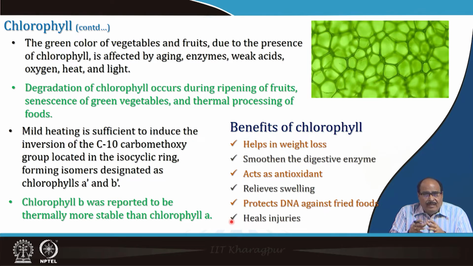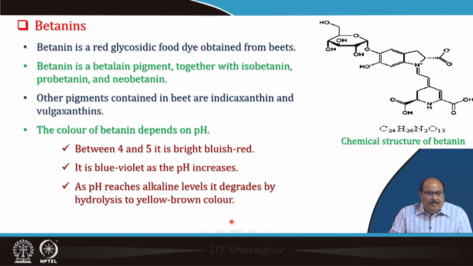Chlorophyll B is reported to be thermally more stable than chlorophyll A, and both forms of chlorophyll have immense health benefits: they help in weight loss, smoothen the digestive system, act as antioxidants, relieve swelling, protect DNA against fried foods, and help heal wounds and injuries.